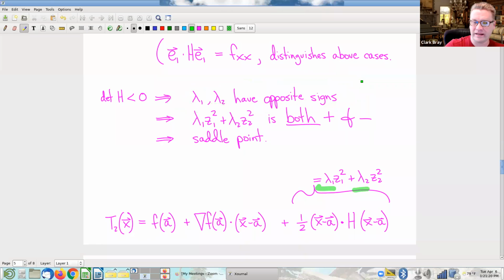If exactly one of these is positive and exactly one is negative, and it doesn't really matter which, then this expression will be sometimes positive and sometimes negative, and there's no getting around that.